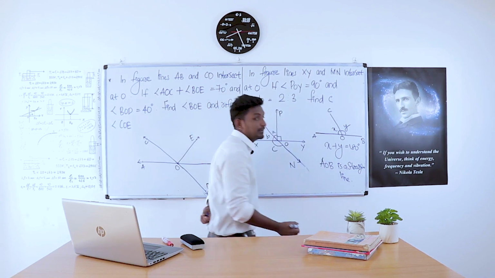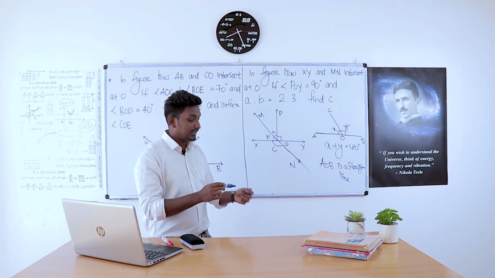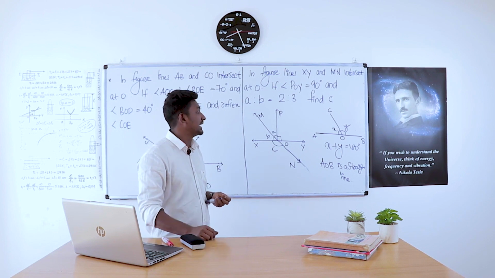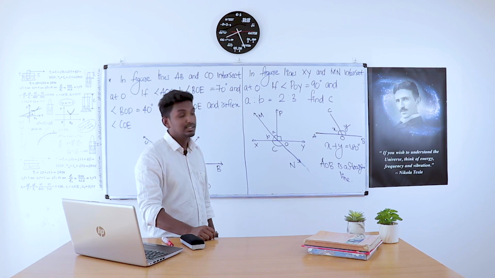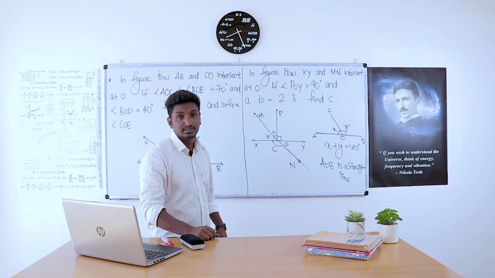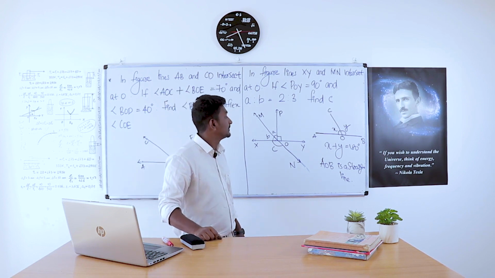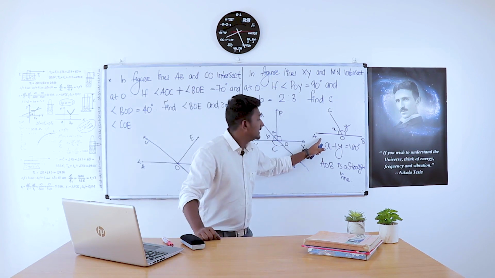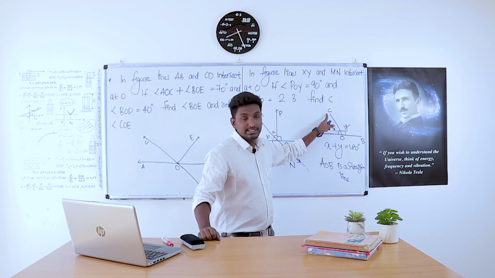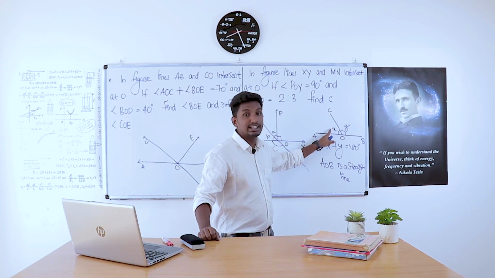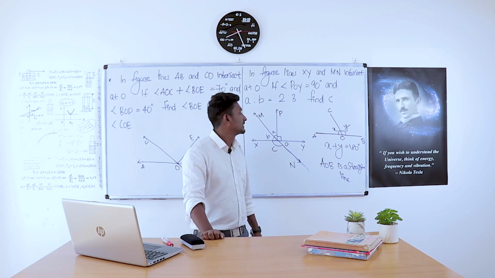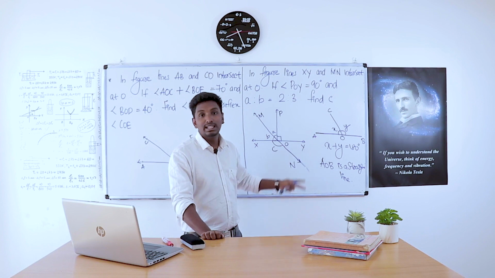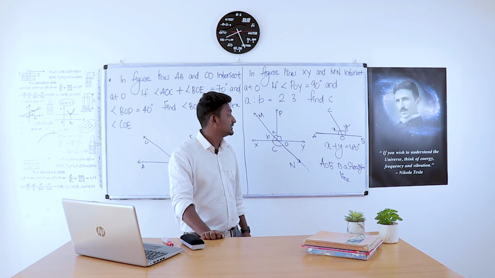This is the axiom given in your textbook: if the sum of two adjacent angles is 180 degrees, then the non-common arms form a straight line. Here, angle AOC is taken as X and angle BOC is taken as Y. These X and Y are two adjacent angles.